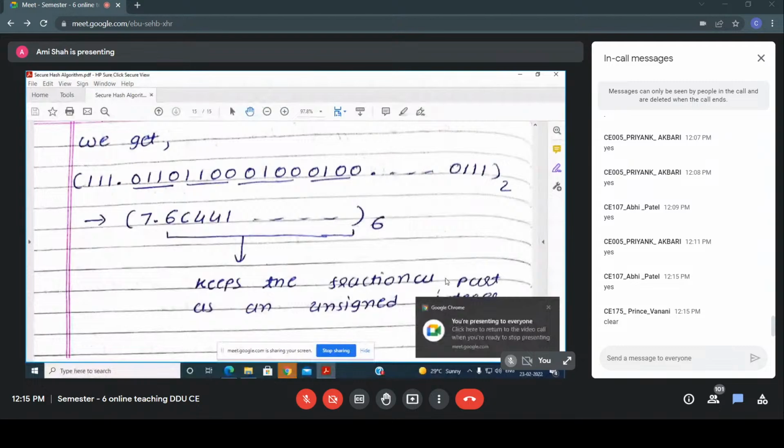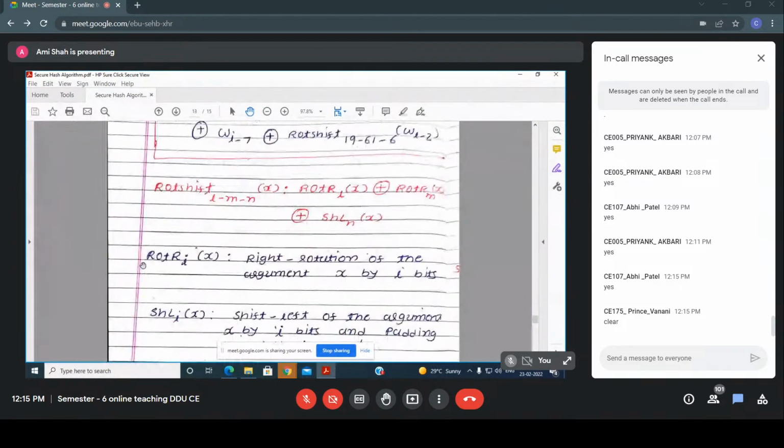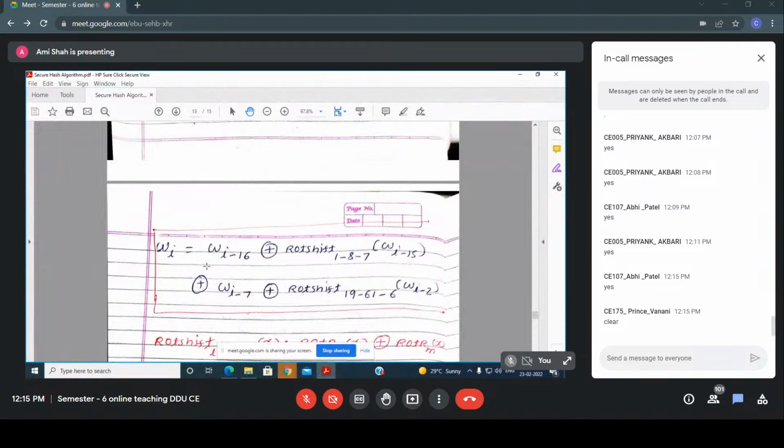So this is all about SHA 512, right? This is one of the hash functions. All of you know the purpose of a hashing function: the input is a variable length message, and after applying the hash function you get a fixed value digest, right? So this is the use of hashing.